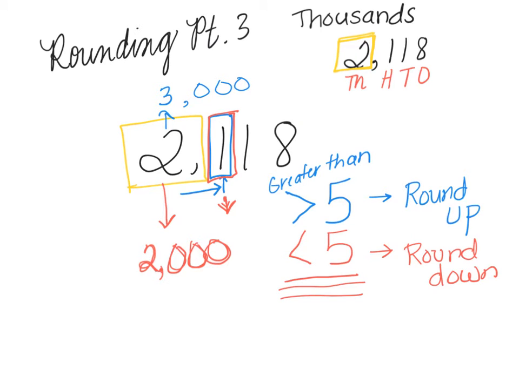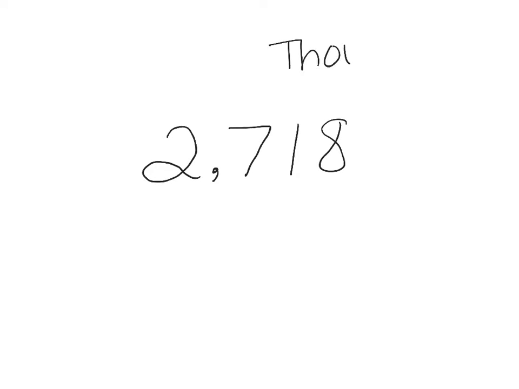So I just want to show you one other thing. Let's suppose that I had 2,718. Now remember the rule. So we're rounding to the thousands place.